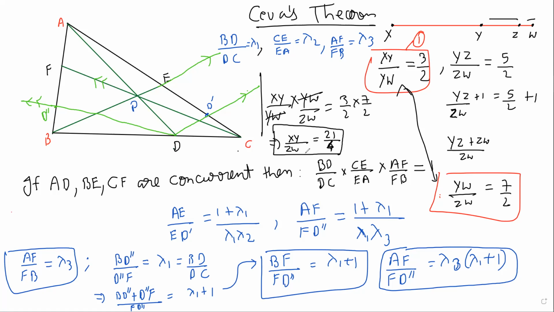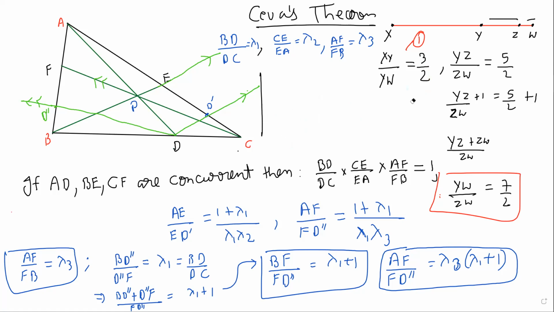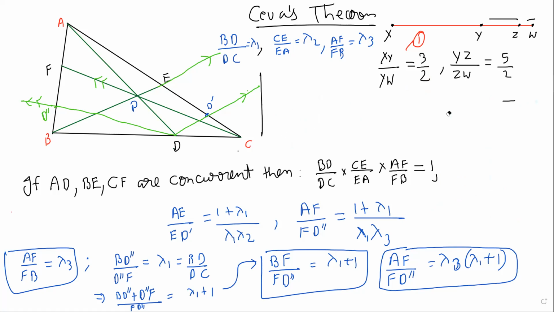Now you guys try to find xy by yz. Let's see if you have really understood this, then you should be able to find xy by yz also. I'm not going to say it. Take your time and figure it out. You can do this in many other ways also. You can maybe take one of the lengths to be 1. There's no harm, you can say I'll take xy to be 1.